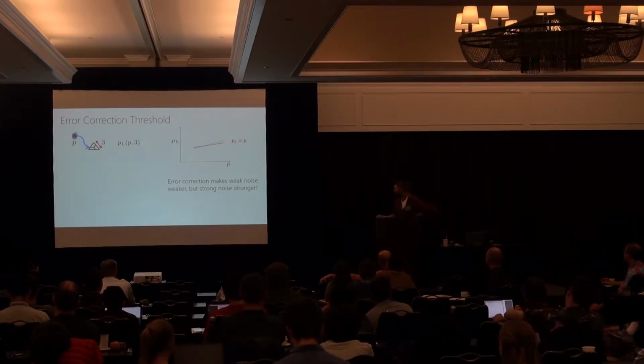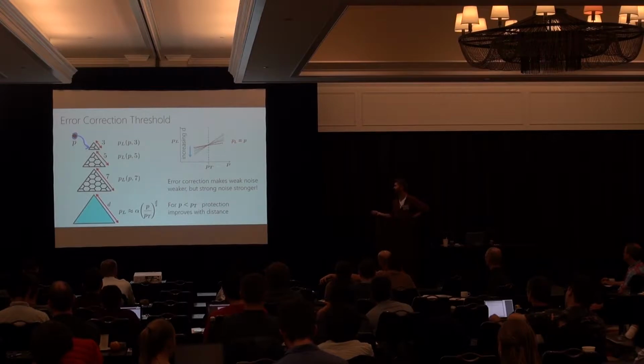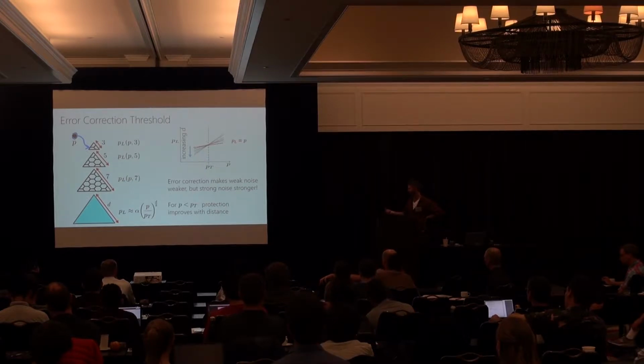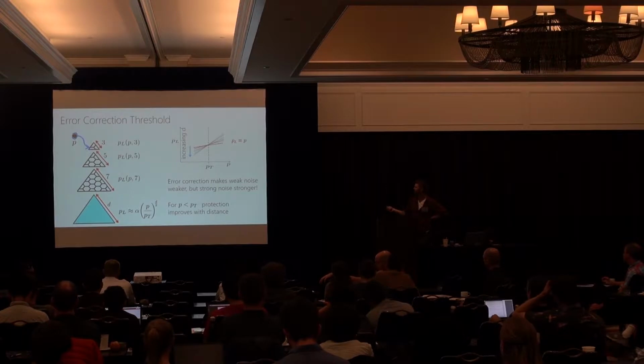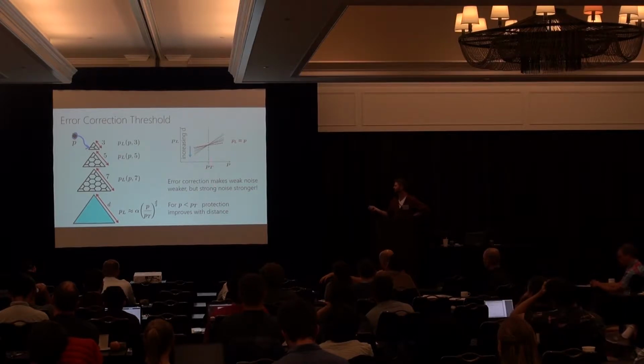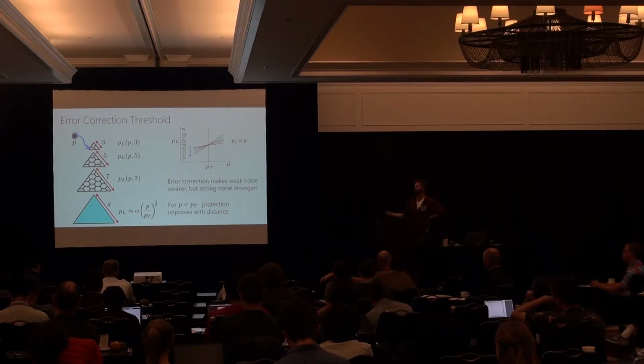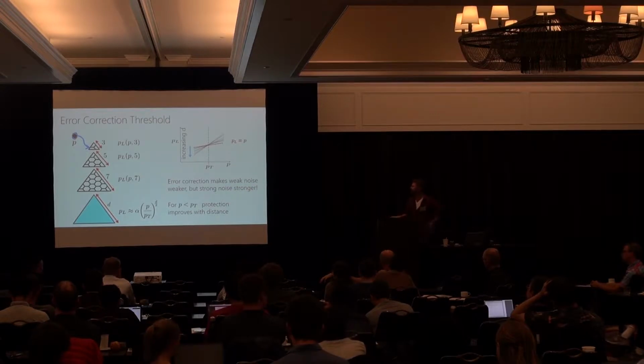Otherwise, you're going to make things worse by using error correction. Of course, you can use larger codes, and this is where the error correction threshold becomes apparent. If you have a family of codes, for example, I've drawn the hex lattice color codes here, then below some threshold value of physical error probability, you should be able to find a code family member which allows you to get arbitrarily small logical error rate.